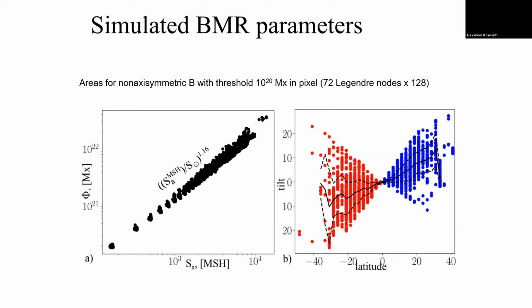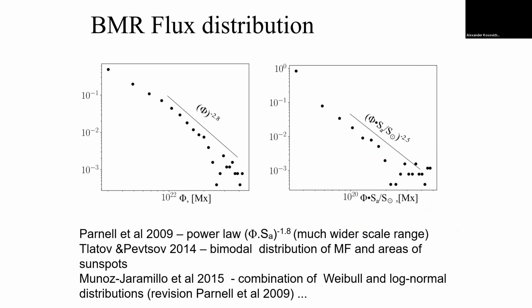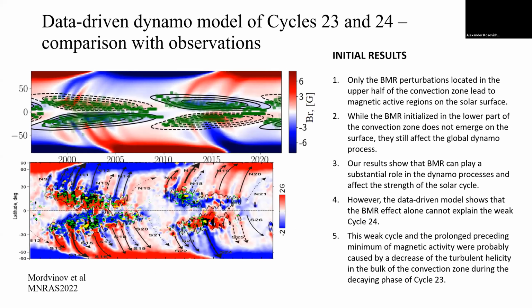It shows that at high latitudes there is indeed a kind of saturation of Joy's law, as some observations showed. Also, the flux distribution of emerging active regions is a power law, but in observations the power law is flatter. That's what Clara Parnell found some years ago, but the model still shows the power law.